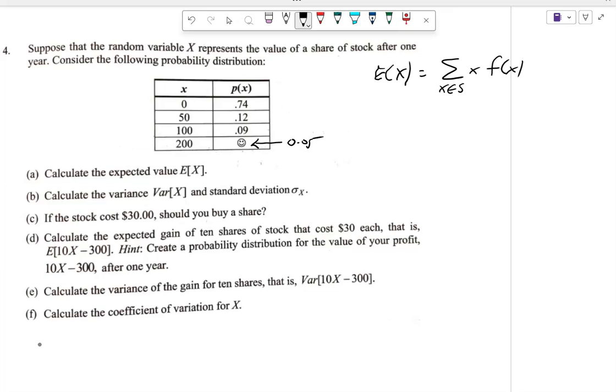In this case, the x is the random variable that is the stock value. So what values can x take on in this case? Yeah, 0, 50, 100, 200, right? And we'll multiply each of those by the probabilities. Obviously, the first one, I don't really need to do the product since I'm multiplying by 0, but I'll write it down anyway. Then we've got 50 times 0.12, 100 times 0.09, and 200 times 0.05.